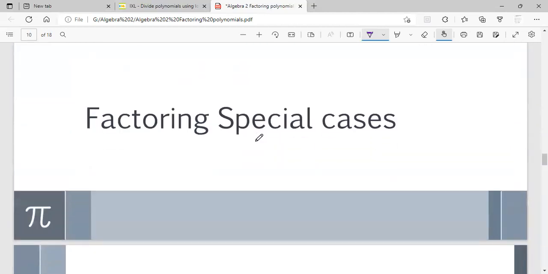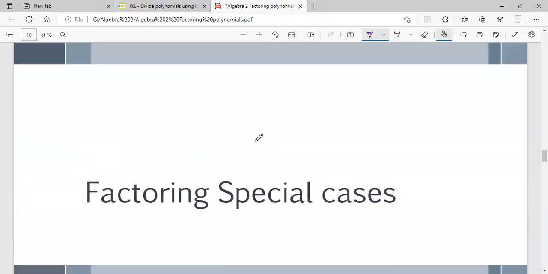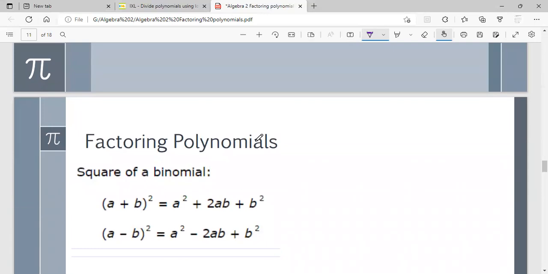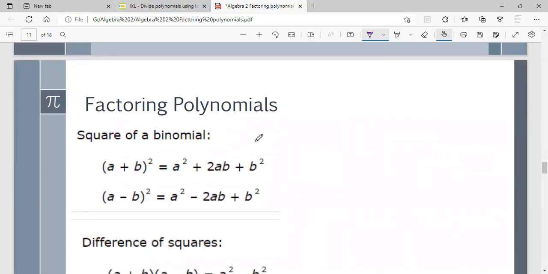All right. Factoring with special cases. Now, we did a lot of factoring already with binomials, and we did a lot of factoring also in terms of doing our long division. So we've been at this for a while now.